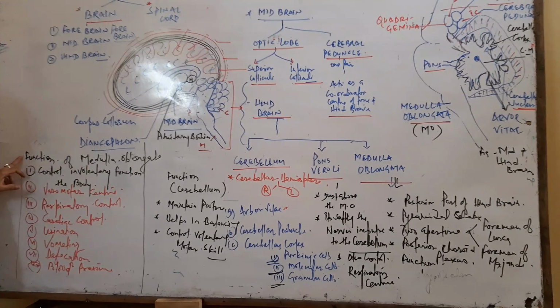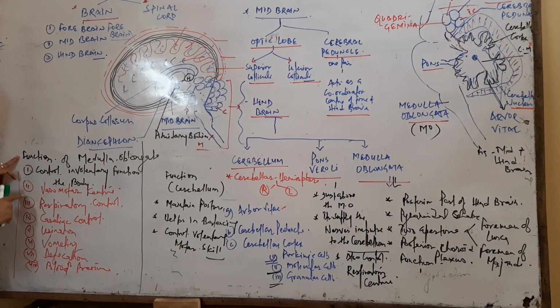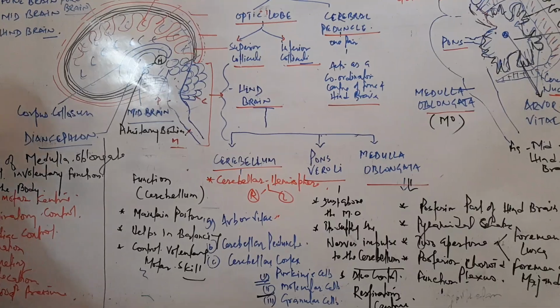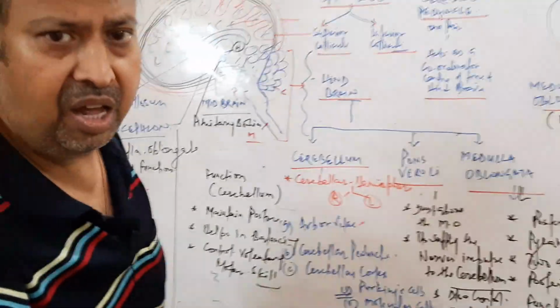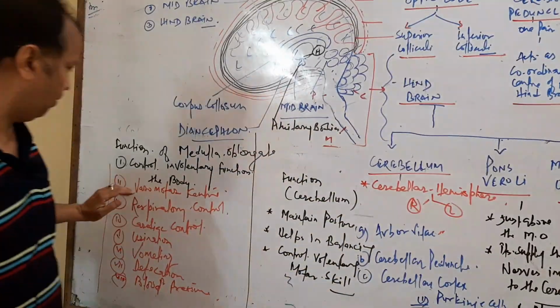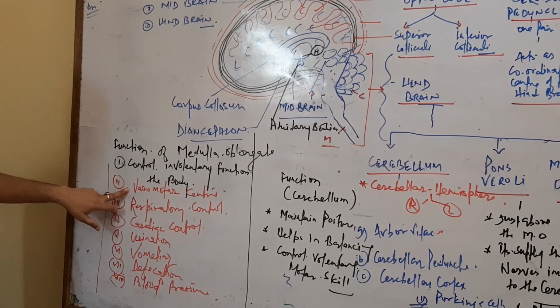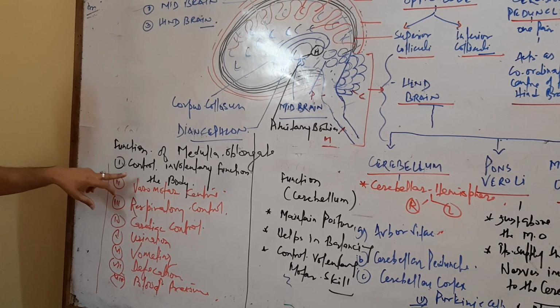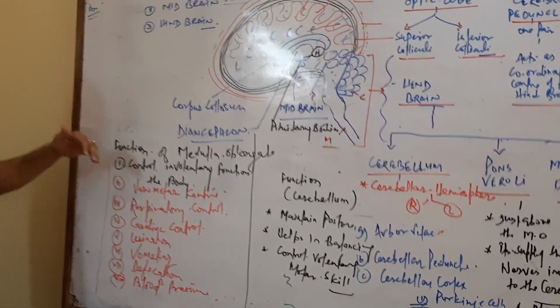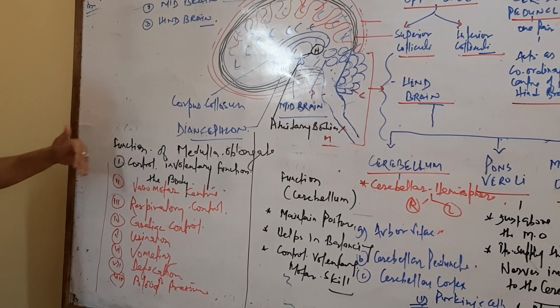Now we come to the function of the medulla oblongata. First function is the vasomotor center. It also controls involuntary functions, whatever involuntary functions take place inside the body.